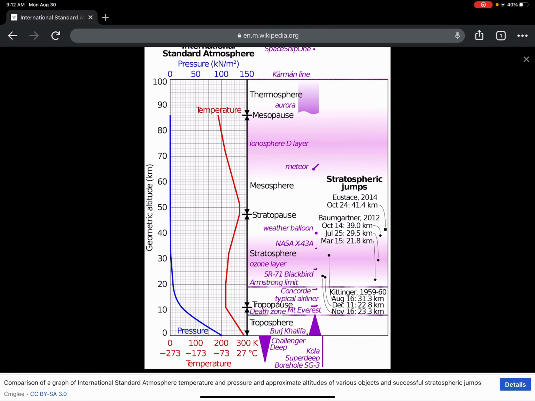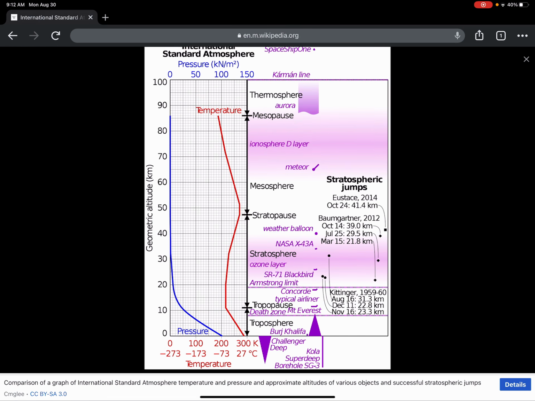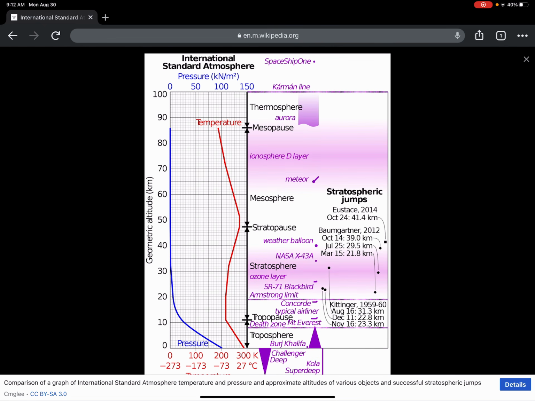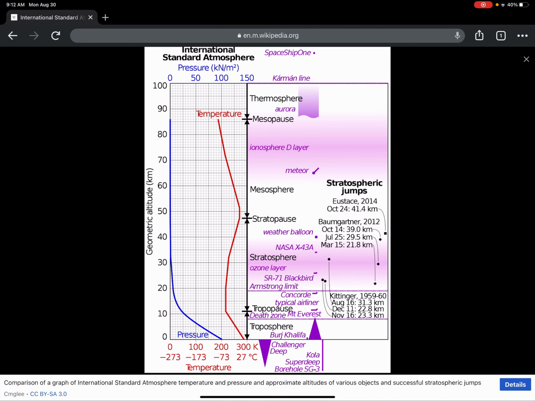function of altitude. So on the x-axis down here, we've got temperature, and on the upper x-axis we have pressure in blue, temperatures in red, and then on the y-axis they have it labeled, that's probably correct, geometric altitude.